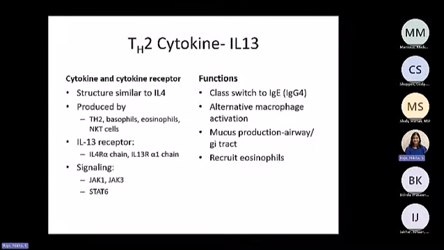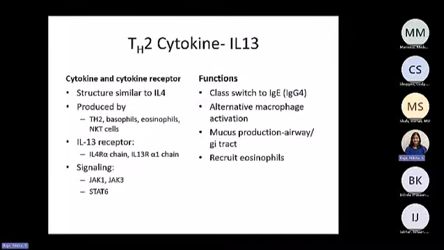So IL-13, again, structure very similar to IL-4, produced from various sources, and then it binds to the IL-13 receptor, which has the alpha chain of the IL-4 receptor and the IL-13 alpha-1 chain as well.